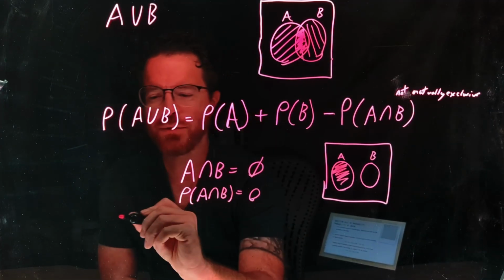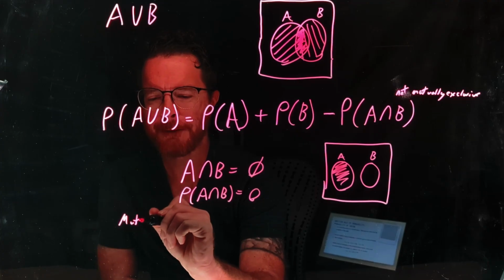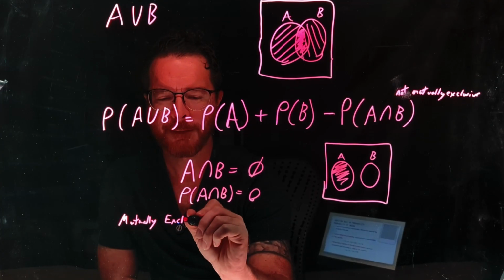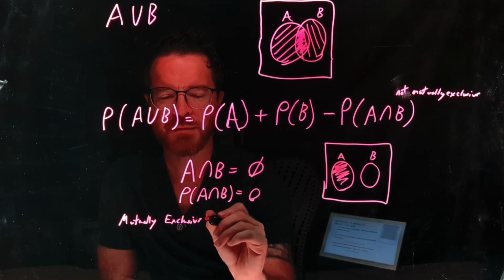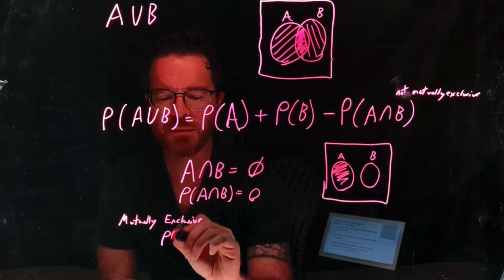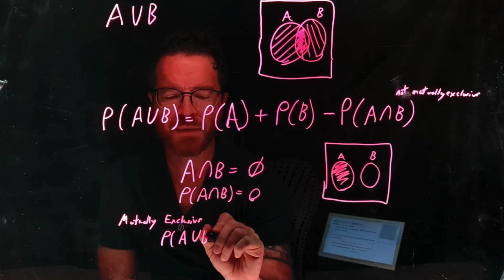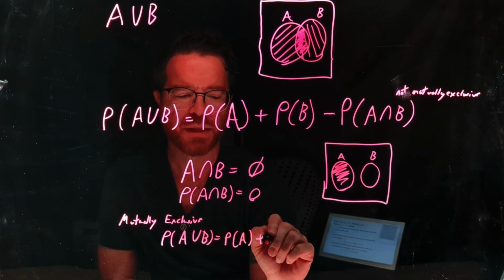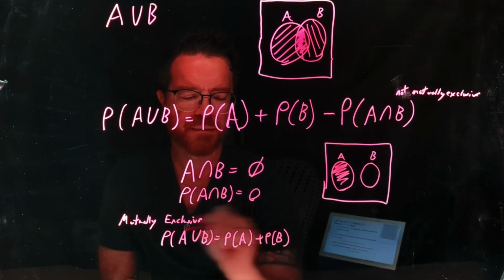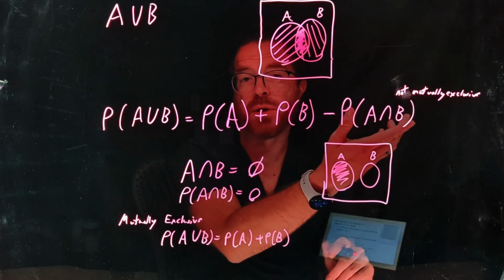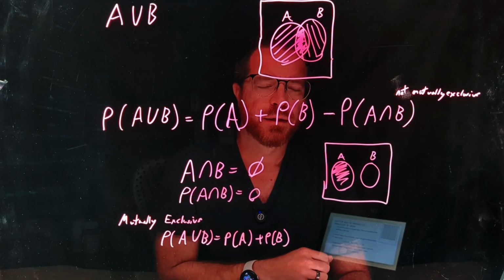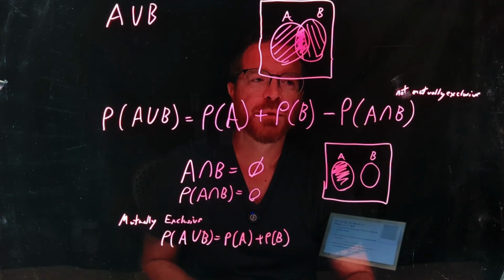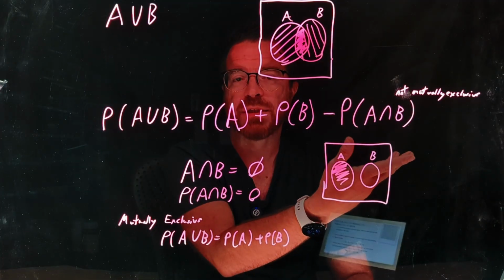So when you have mutually exclusive A and B, it means that your formula is that the probability of A or B is just equal to the probability of A plus the probability of B, because this term goes to 0.